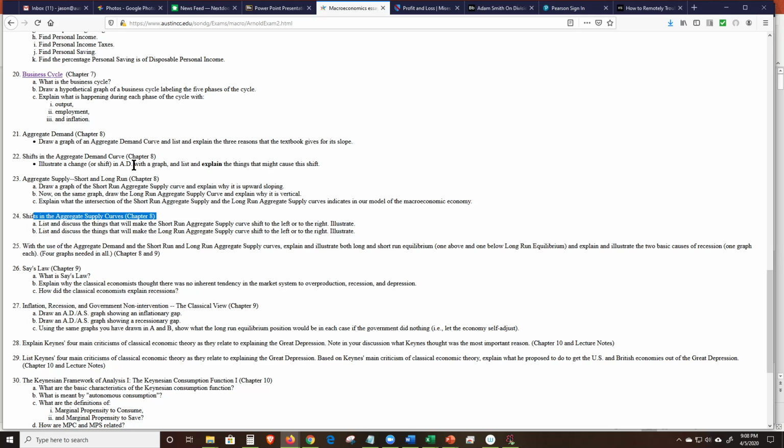So once we finish 24, we will have our aggregate demand, short run aggregate supply, and long run aggregate supply curve model put together, sort of like the supply and demand we studied for micro in chapter 3, except for that extra curve, the long run aggregate supply curve, which is helpful in explaining things in macroeconomics.